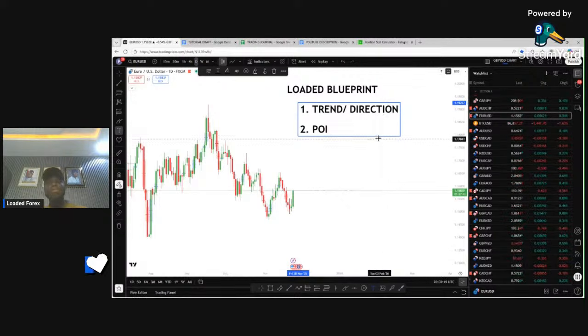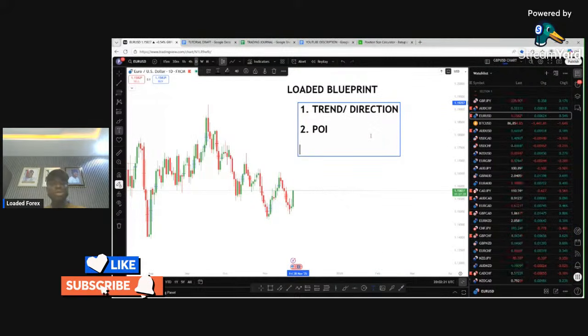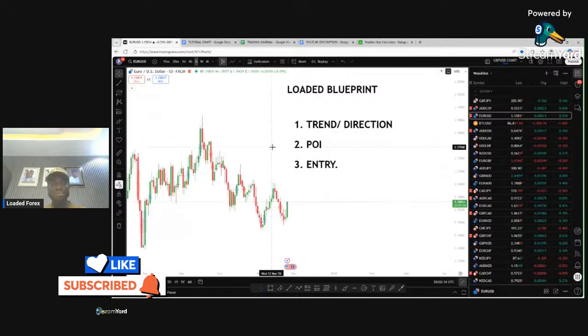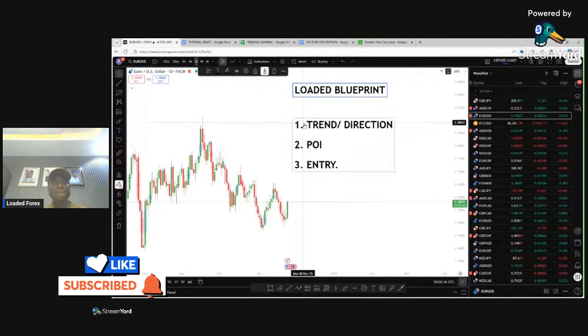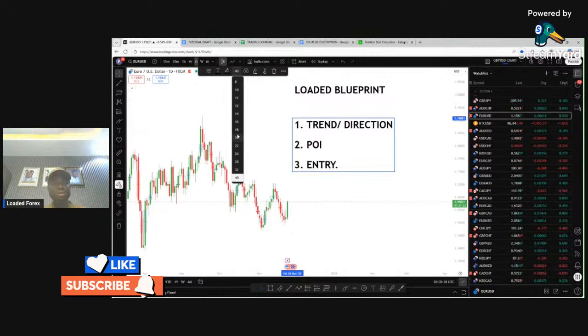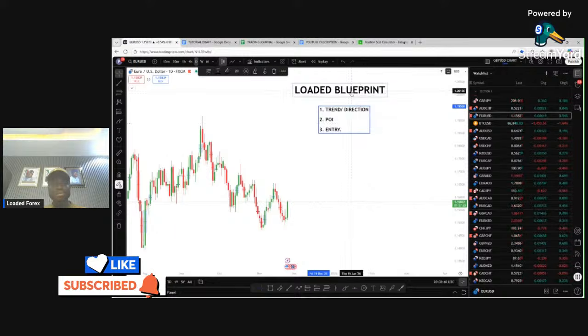POI means point of interest, or you can also call it area of value, right? The third one is entry time frame. Now, let me introduce the font.